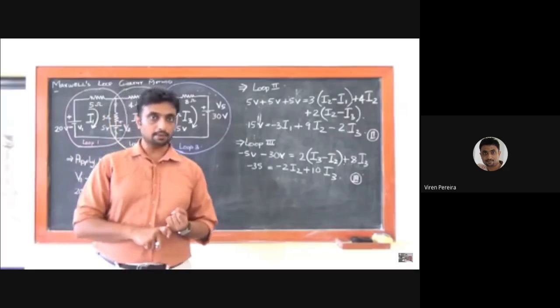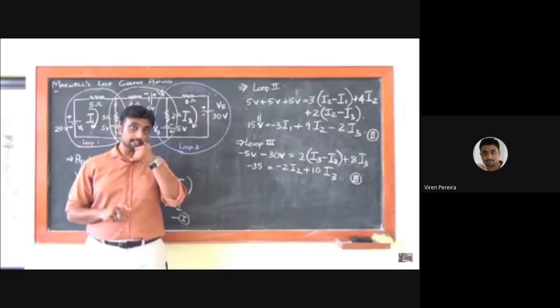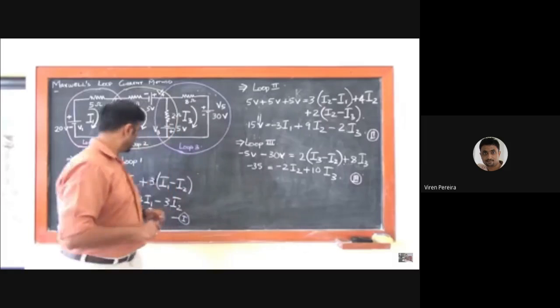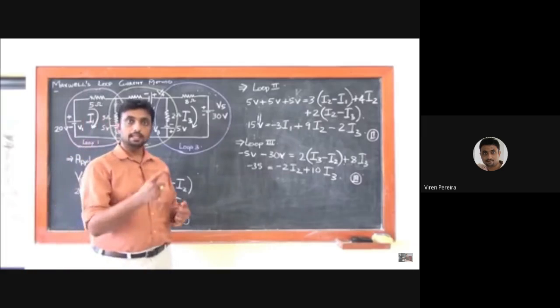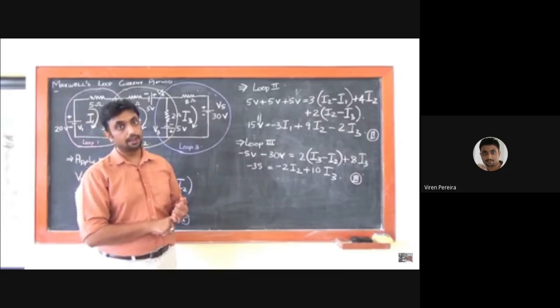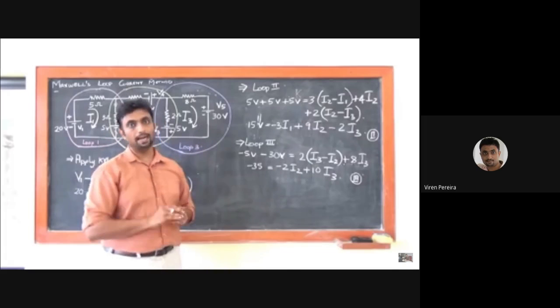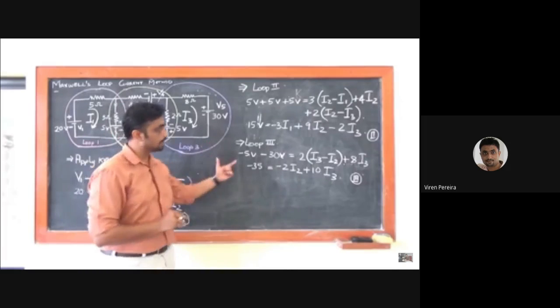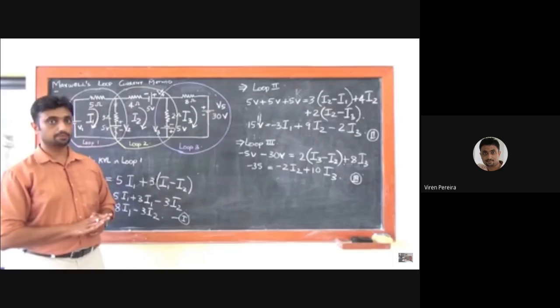But simultaneous equations can be done directly using your calculator. So if it is dealing with 2 or 3 loops, then we can use equation solving directly and find out the answer. If it is more than 3 loops, you have to use your matrix form. Today we will only be studying the simultaneous equation method.